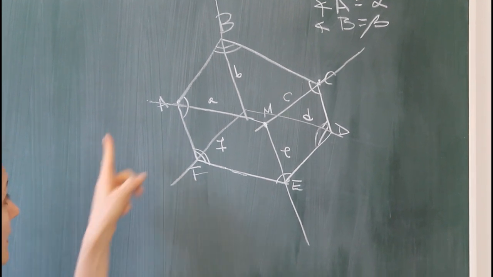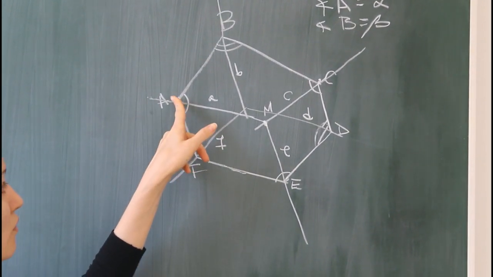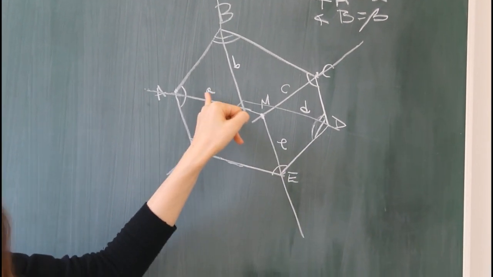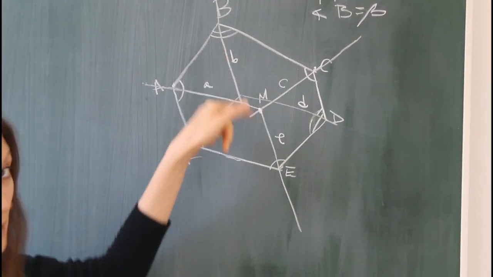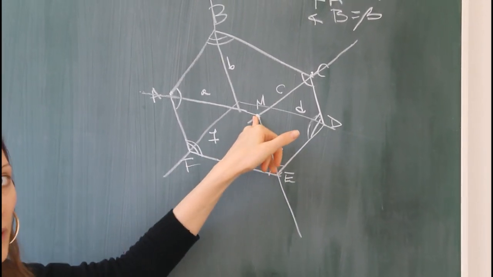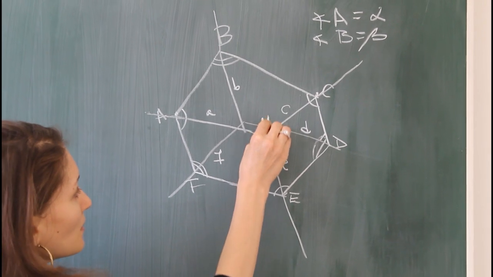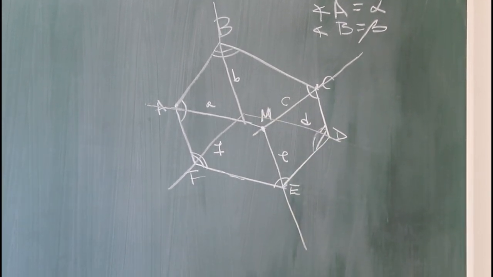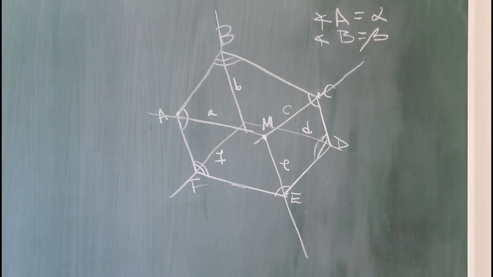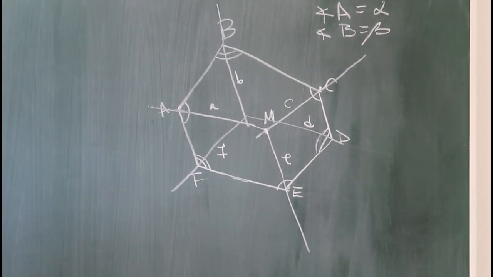It's also specified that the bisectors of the angles A, C, and E, which we denote by small letters corresponding to the angles, meet at the same point, which we denote by M. And then we are asked to prove that the other bisectors, b, d, and f, meet at the same point.